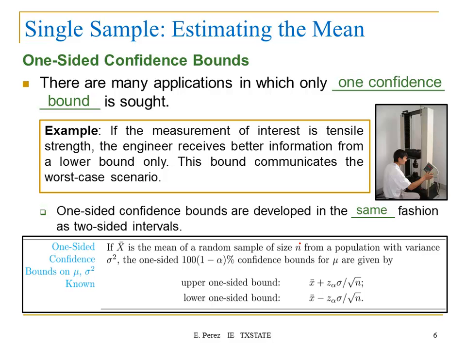Okay? If you don't know the information about the population variance, then you use some other confidence intervals that use the T distribution. Okay, but for now, we are assuming that we know the variance of the population. So the one-sided confidence bound for the upper bound is just the sample mean plus Z value of alpha times the standard deviation divided by the square root of n, and the lower bound is the subtraction.